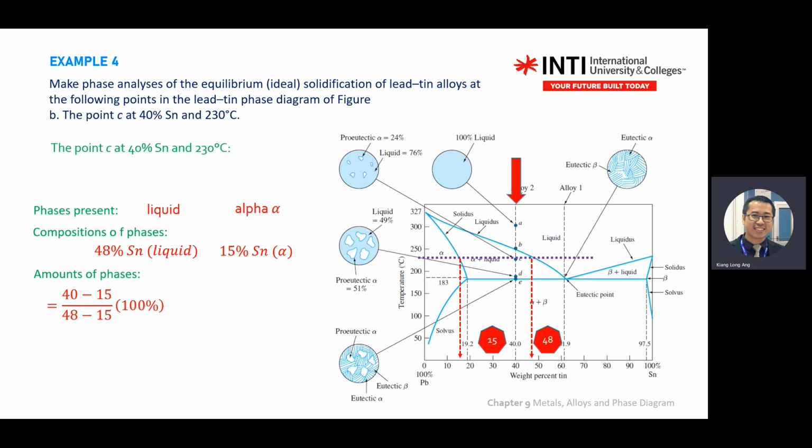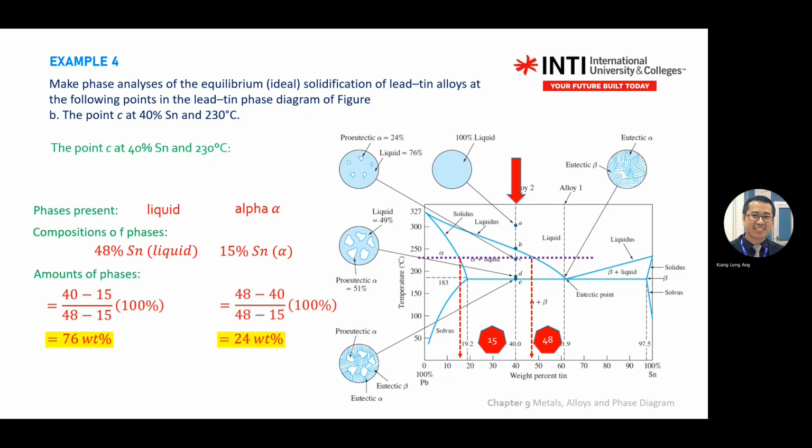This one minus this one. So how many percent? 24%. It must balance and add up. When you do a cross check, it must be 100%. If you do not reach 100%, it means something is wrong in your calculation. The phases must be 100%, either liquid or alpha.